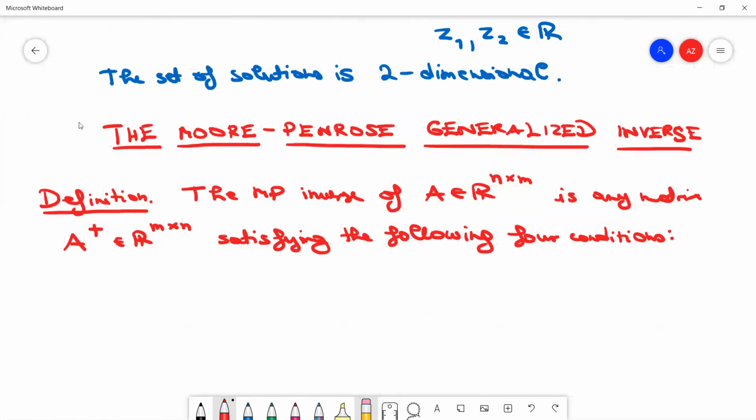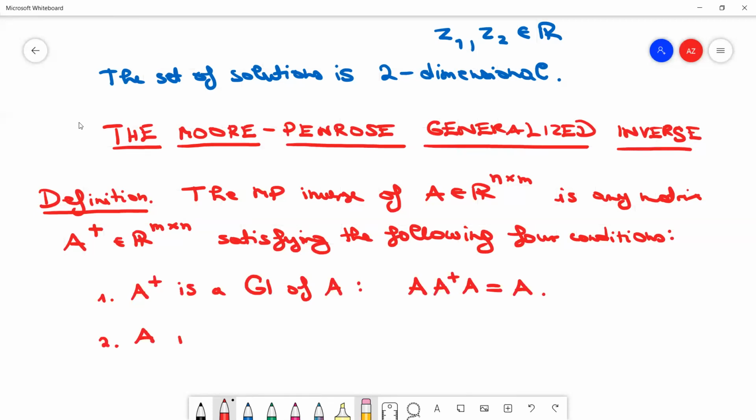So the first condition is just to say that A plus is in particular a generalized inverse of A. So A plus is a generalized inverse of A, meaning that A A plus A is equal to A. Now the second condition is that also the other way is true.